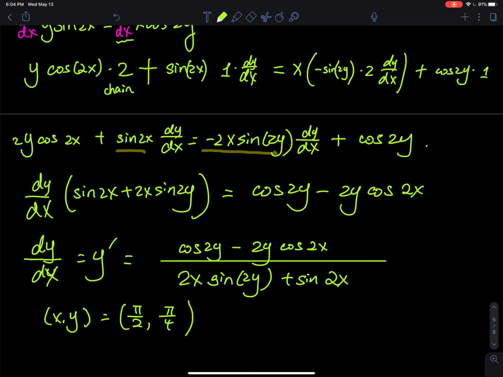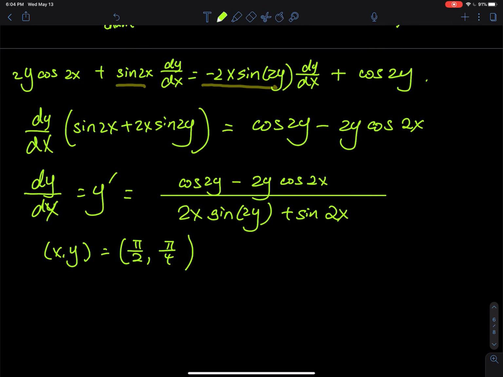All right. And then we have y prime, or dy/dx, equals cosine 2y. So 2y is 2 times pi over 4, which is pi over 2, minus 2 times pi over 4 times cosine 2 times pi over 2, which is pi.